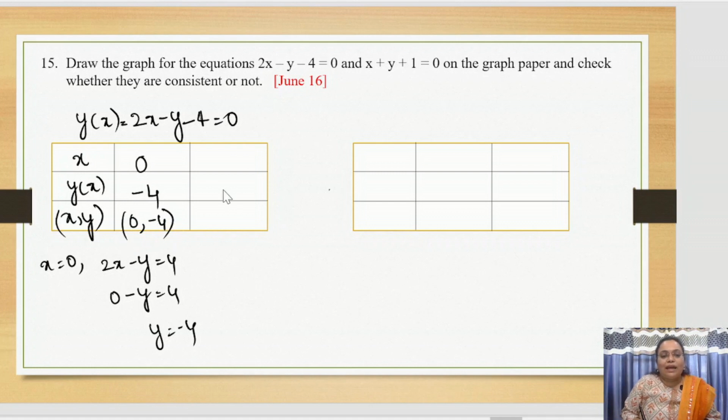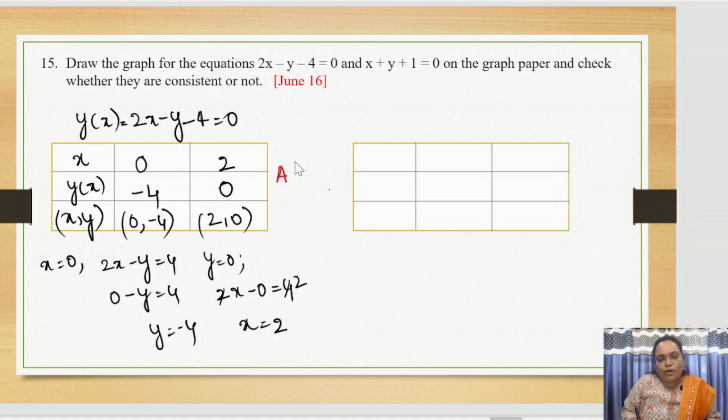Okay. And when y is 0, if we put y is equal to 0, then you will get 2x minus 0 is equal to 4. So 2 ones, 2 twos, which is x is equal to 2. So when y is 0, x is 2. Okay. 2, 0. You can take the points as A of 0, minus 4 and B of 2, 0.